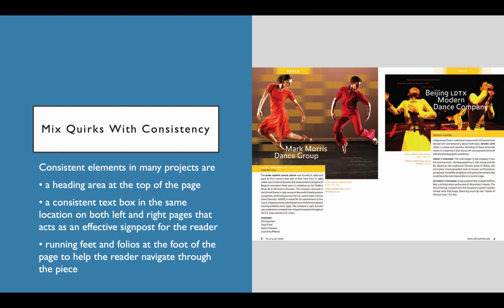You can play with how you interact with the image that's at the top of the page, but the reader still knows, okay, if I want to know how to book, this is where I go. If I need to know the website for booking my tickets or the phone number, I know where to go. The reader is able to then pull out what interests them and what they need.